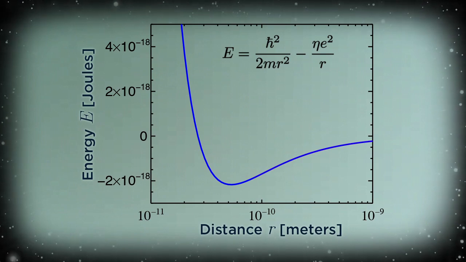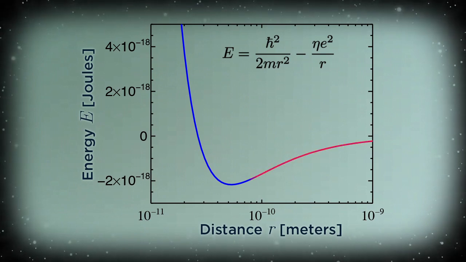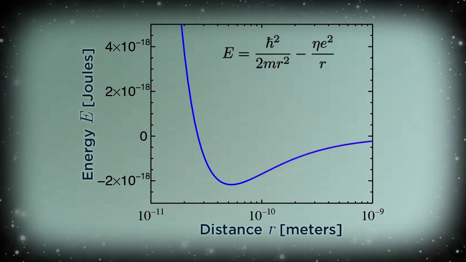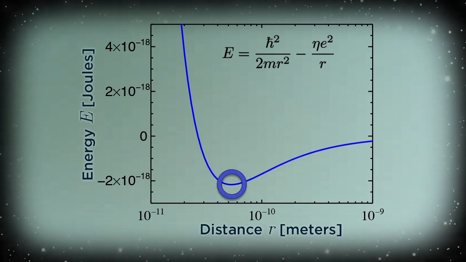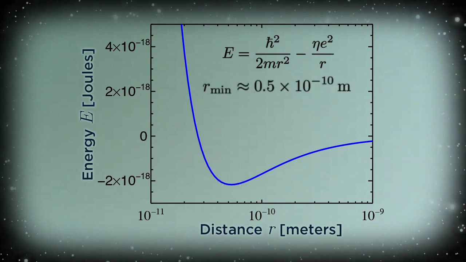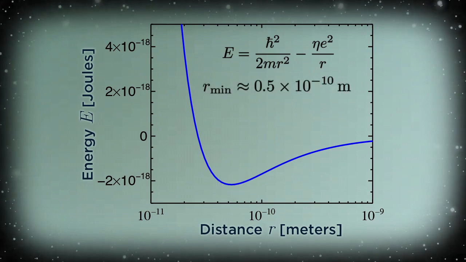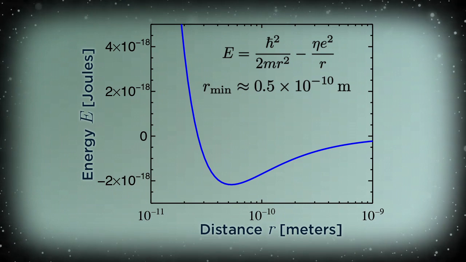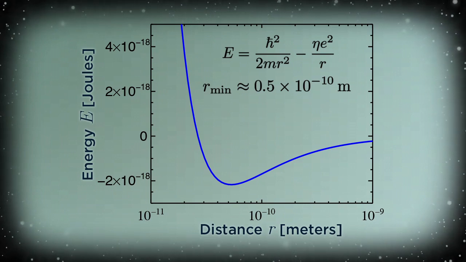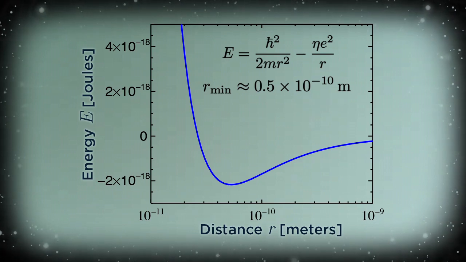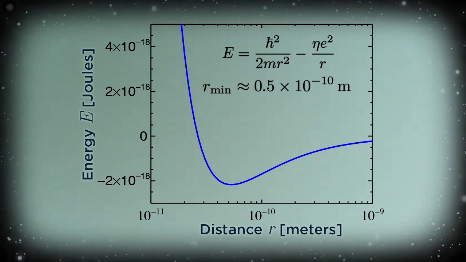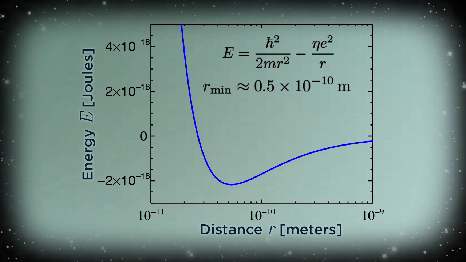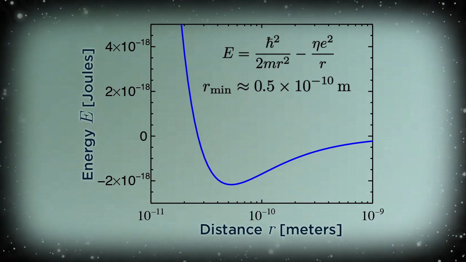That causes the energy to rise from negative values towards 0. And in between, there's a minimum. The minimum occurs when r is about 1/2 of 10 to the minus 10 meters. That's 0.05 nanometers, which is about equal to the observed size of a hydrogen atom. So the calculation succeeded in explaining the size of the hydrogen atom.